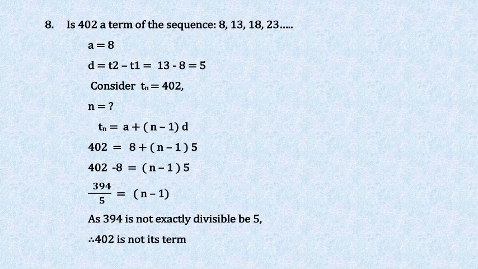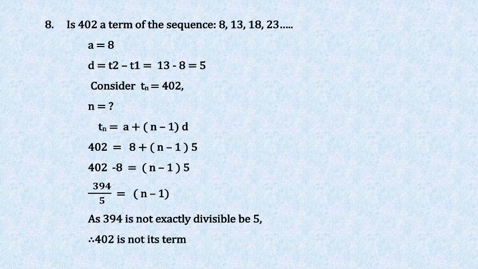So what is the method to be applied to calculate this particular problem? In the same way, consider the value of A as 8 and D as T2 minus T1, that is equal to 5. In place of Tn, write down 402, that is the nth term, and we have to know, is 402 a term of the sequence?